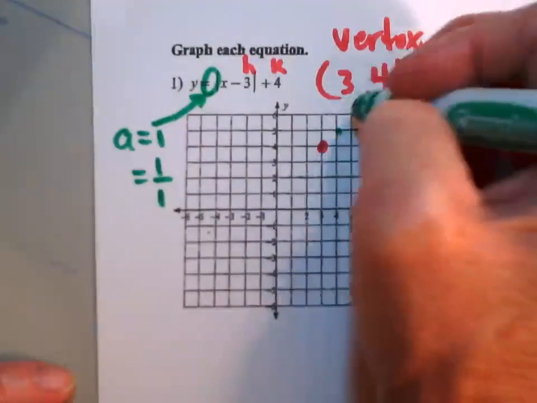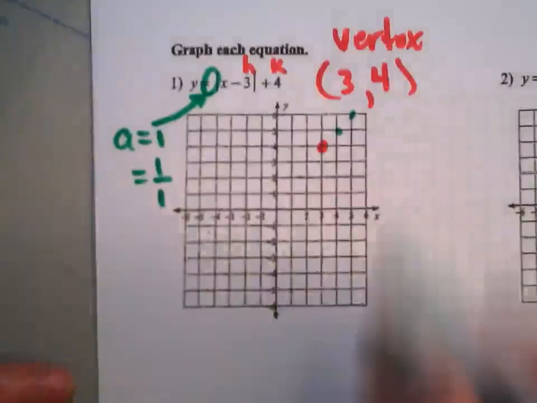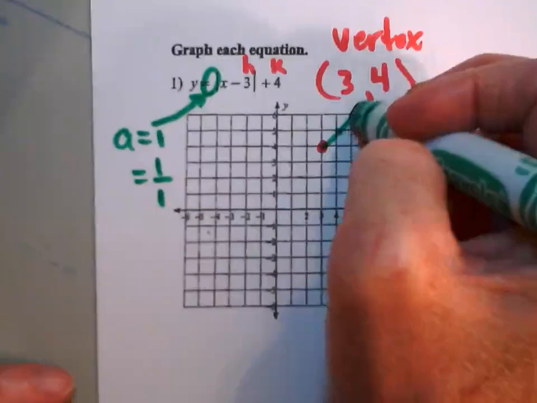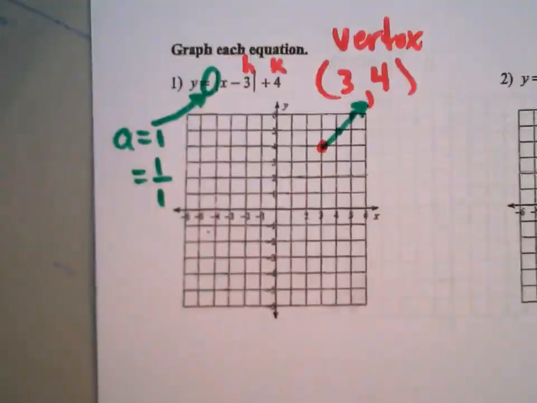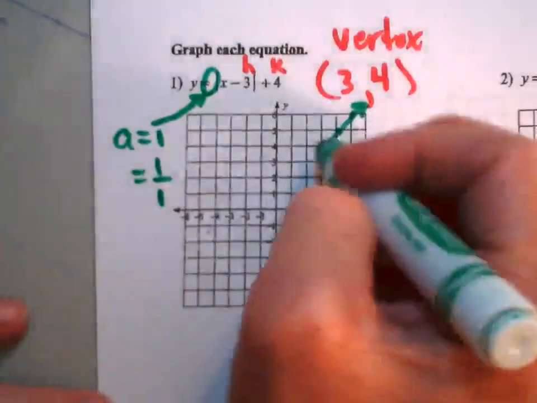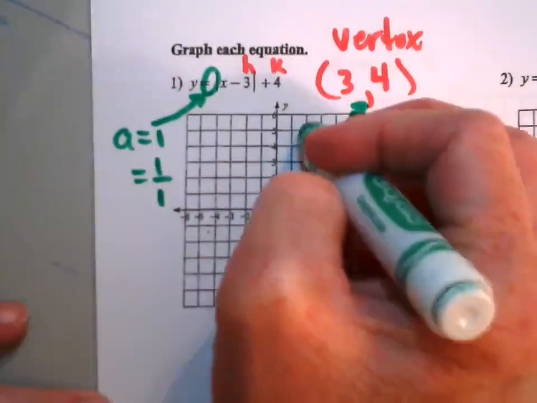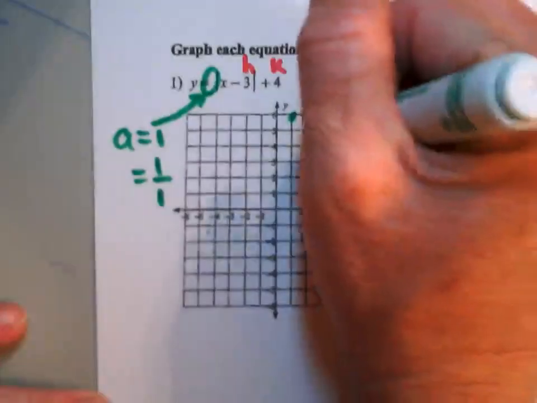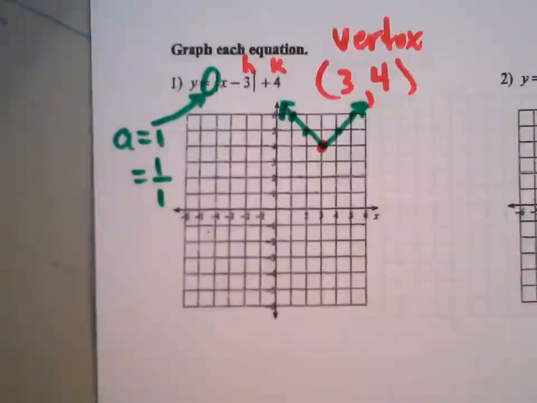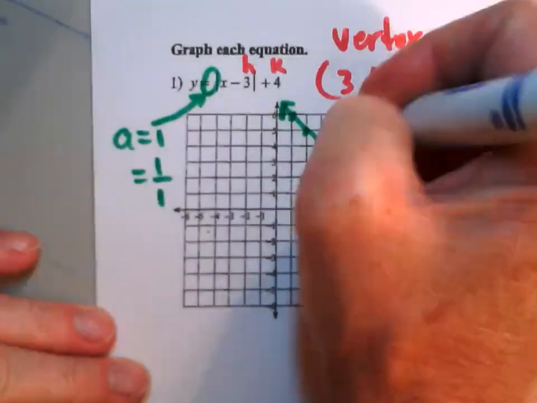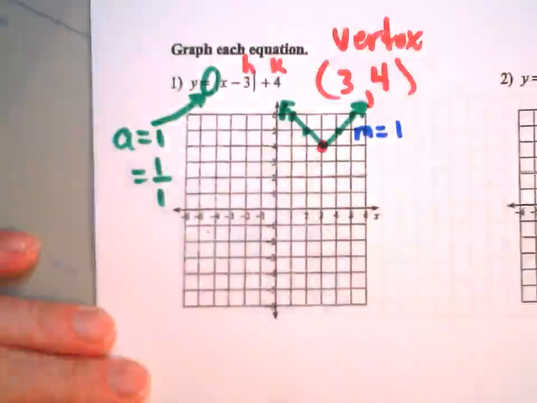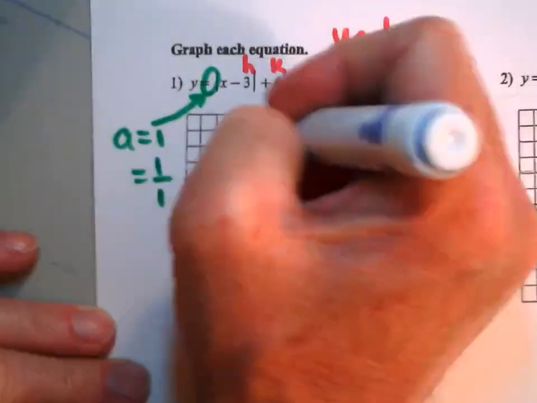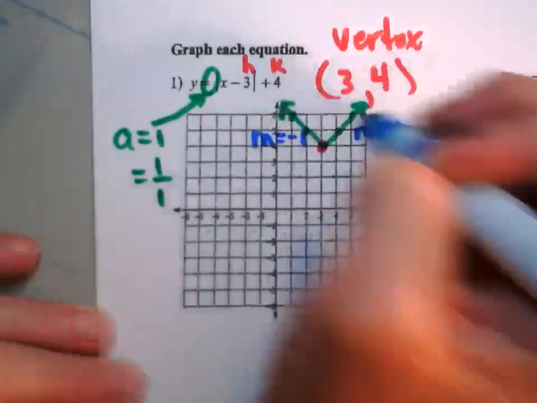We'll go up 1, right 1 again. That's the right-hand side of the graph. And then the left-hand side just mirrors that. So if we went up 1, we're going to go left 1, up 1, left 1, finishes off the absolute value graph. So what we see here is on this side you have a slope of 1, and on this side you have a slope of -1.